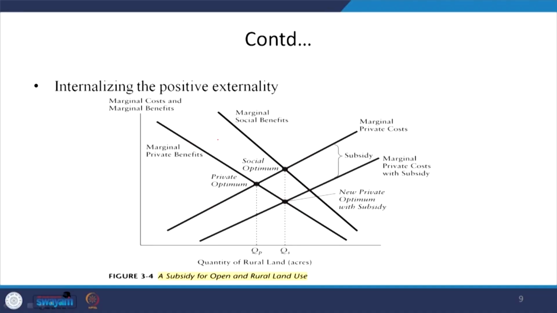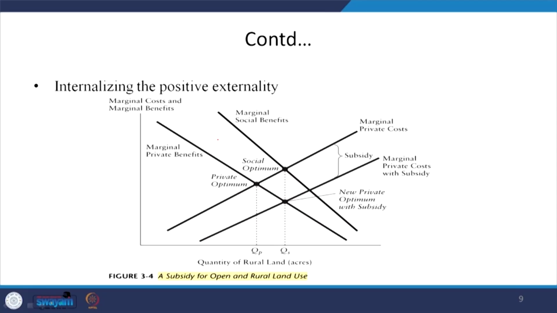So, that also generates positive externalities. So, there are a number of examples of positive externalities, and when positive externality is created, it improves the welfare of the society. So, in this graph, you can easily see that we have marginal private cost and, with subsidy, without subsidy.